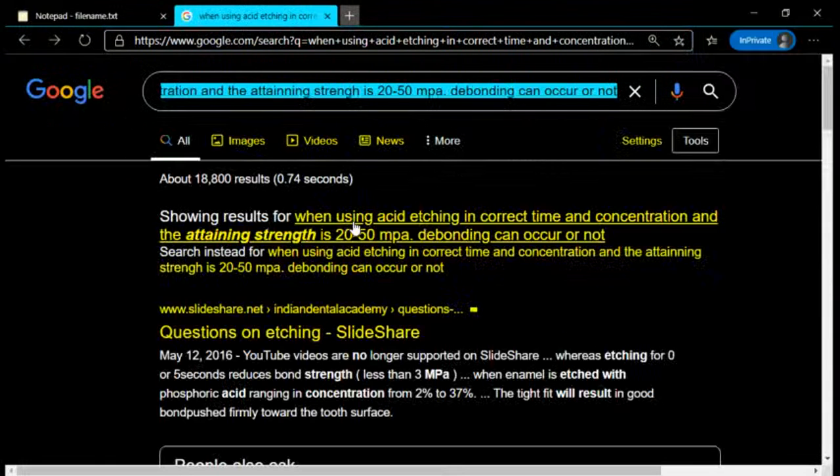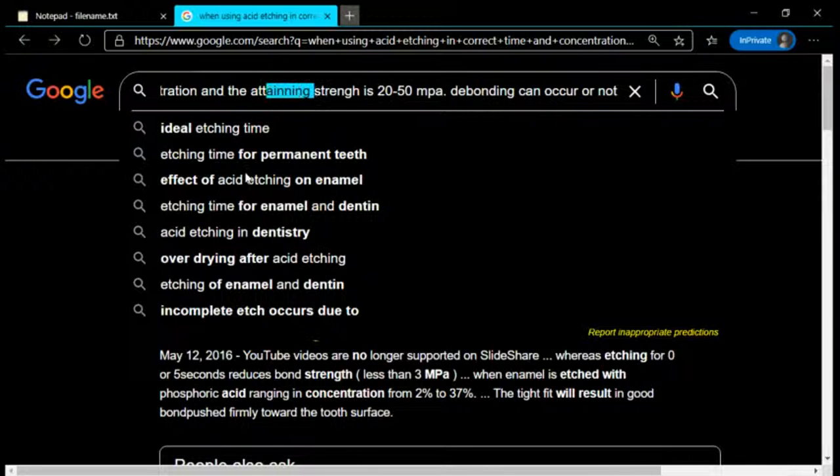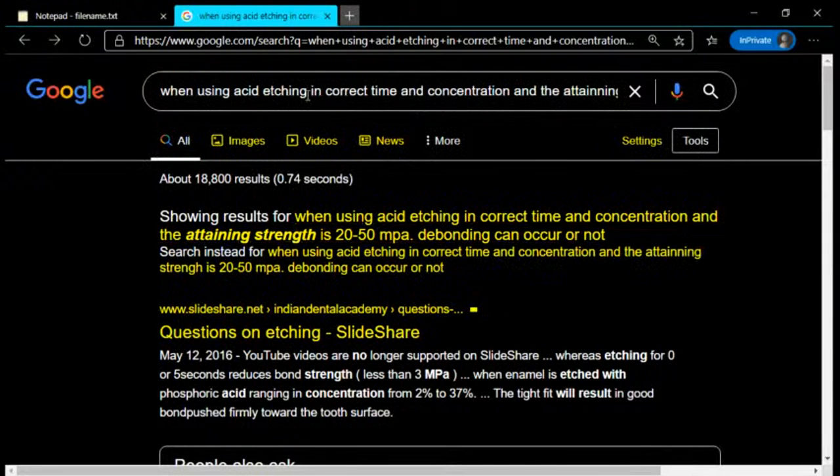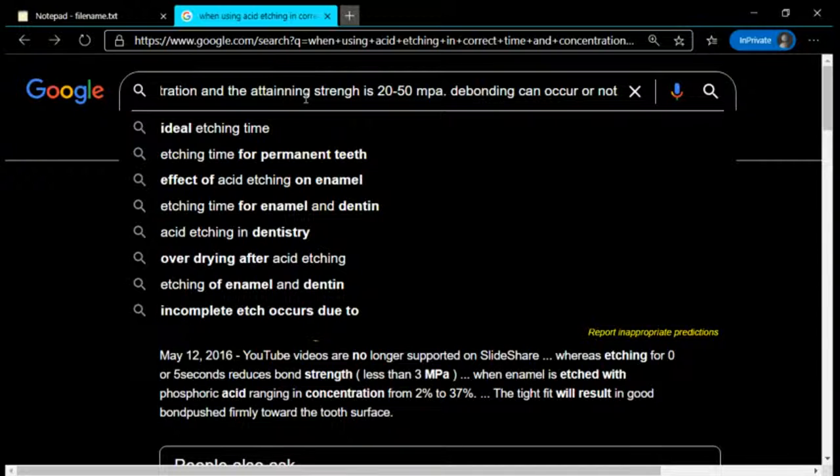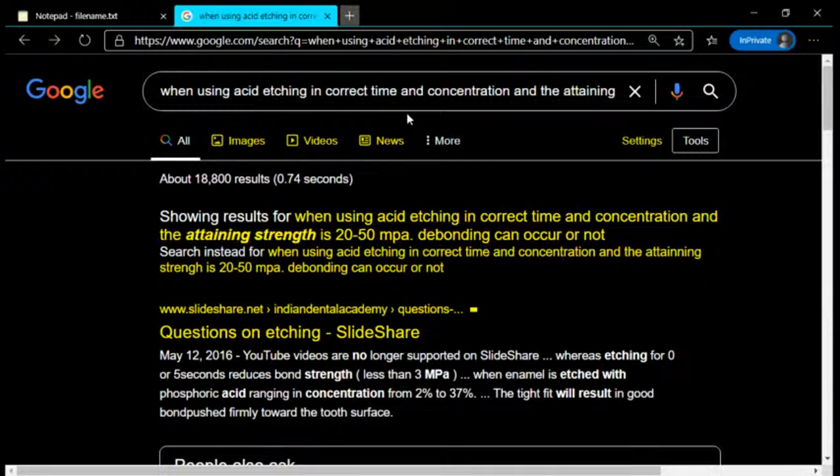This is the question result for when using acid etching in correct time and concentration, the attaining strength is 20 to 50.